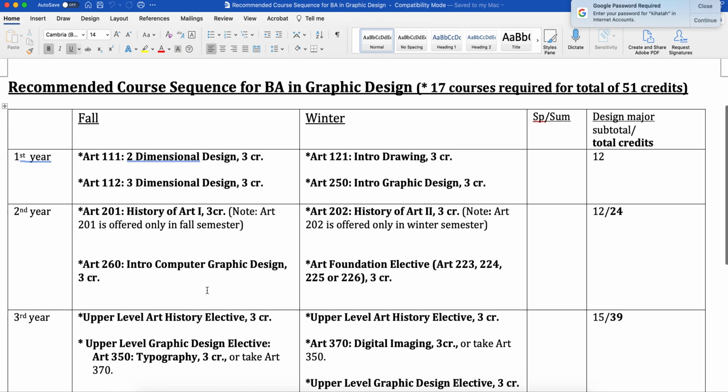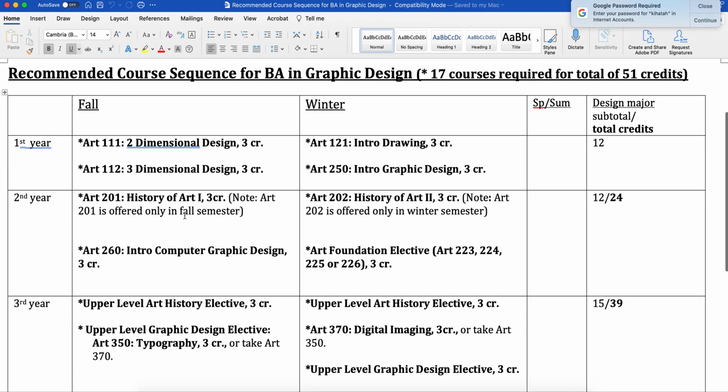Then when you go to second year, what's critical is that 201 is taken in the fall, because 201 is only offered in the fall semester at this time. And 202 is offered in the winter semester. Just like 250, if you didn't take these two in the second year, you're going to have to wait till third year.